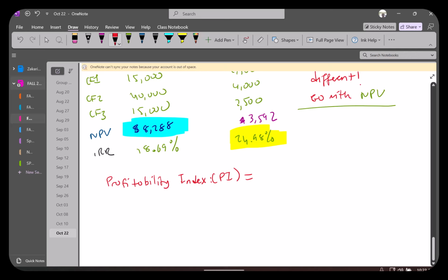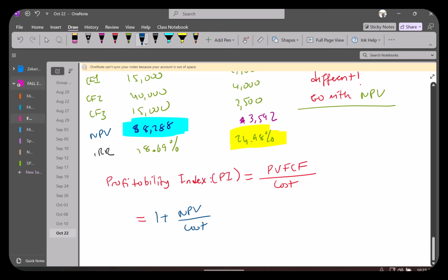That's basically present value of future cash flows divided by the cost of the project. And you can show that that's equal to 1 plus NPV over cost.